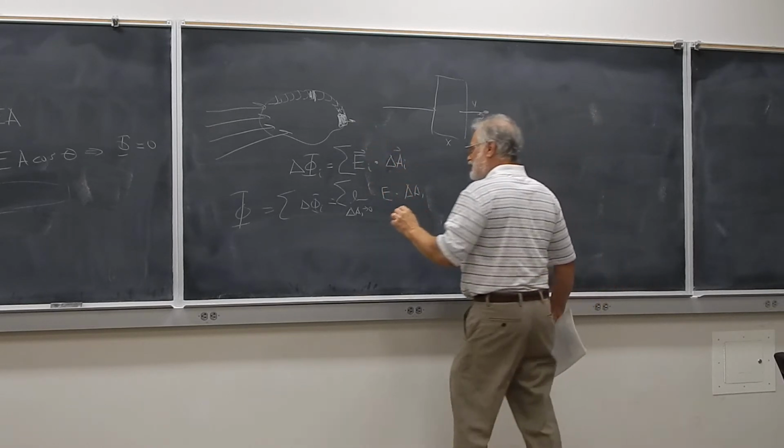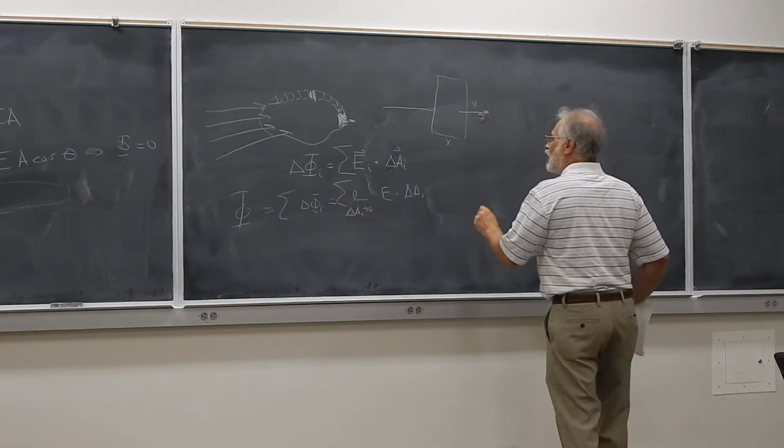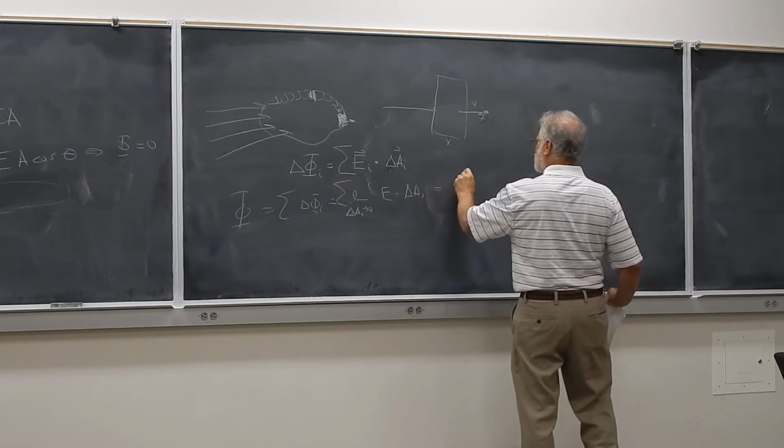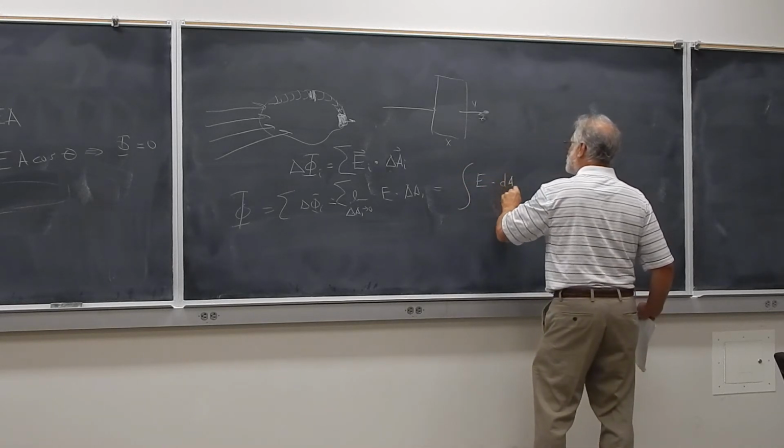Then I'm going to take the limit as delta A approaches 0, which turns my summation into an integral. So I can write my integral as E dot dA.